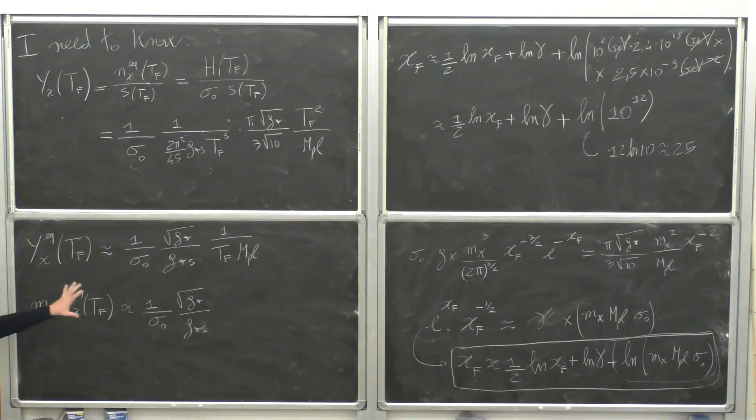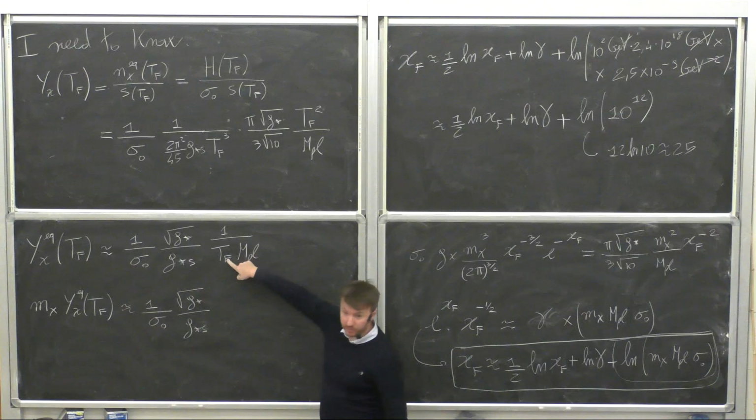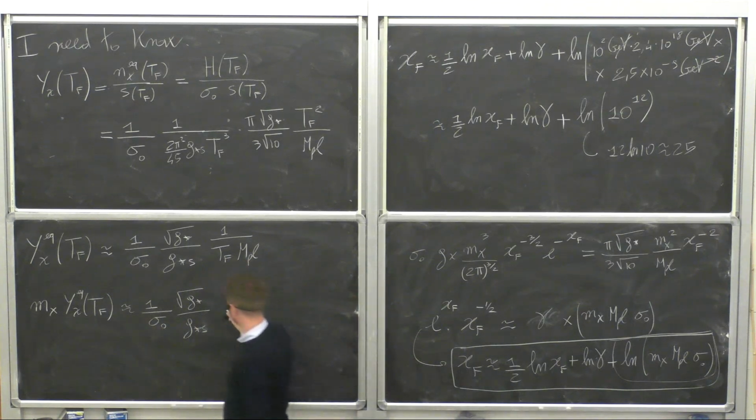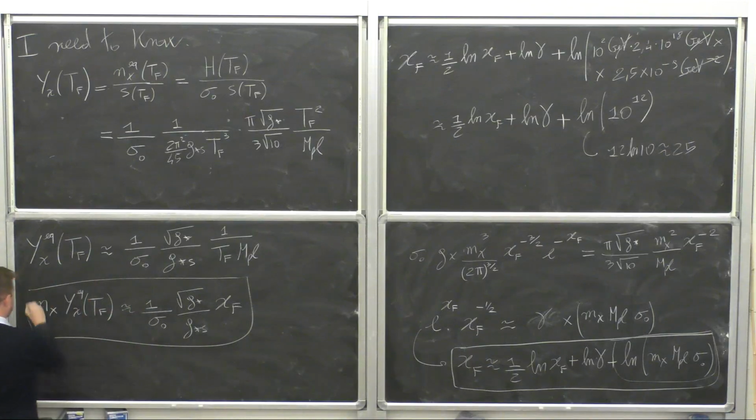I'm neglecting pi factors. It's possible to keep track of them, but I want to focus on the important part. Then once I multiply this by m chi, I have m chi over T_F. That's x_F. Okay? So this is the final equation.